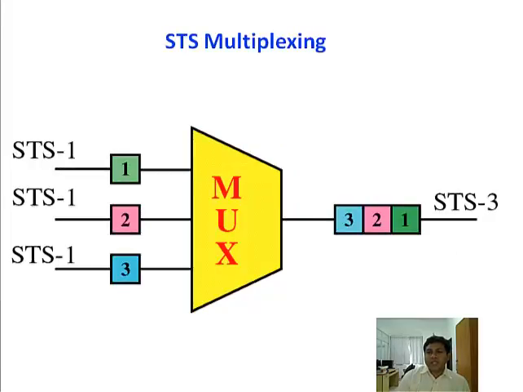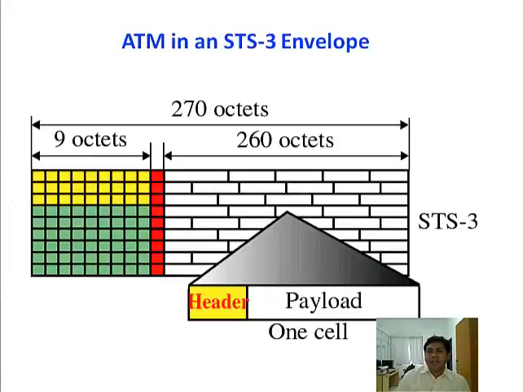Then we discussed STS multiplexing. Finally, this is how an ATM signal is created. In ATM, how STS plays a role, once we discuss ATM, we will discuss in detail. Thank you.